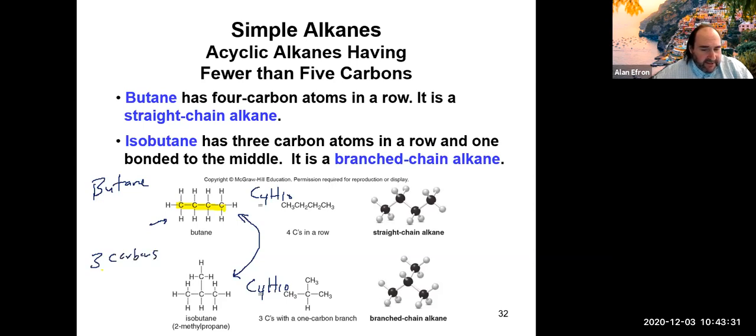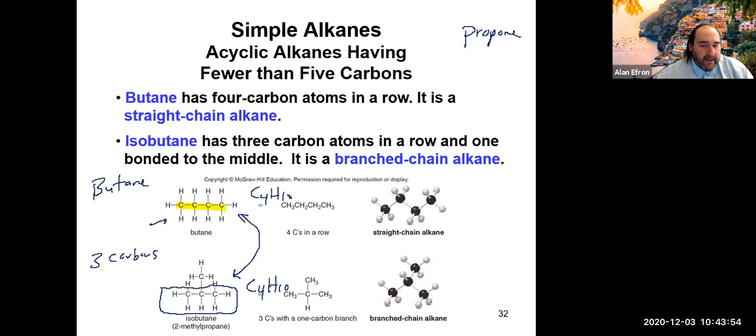So when you have an option like that, you might as well just take the straightest 3 to look at. Now, 3 carbons in a row is not butane. It is actually propane.